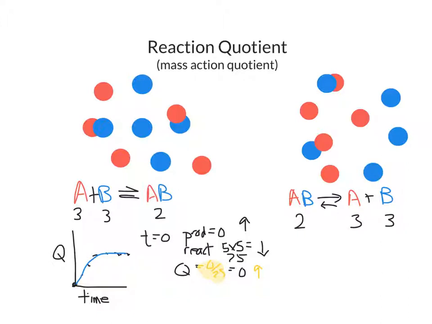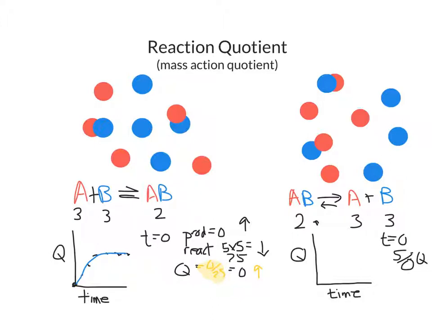If we look at the second example of Q versus time, we can see that we started with all products. We had 5 products at time t equals 0, and we have 0 reactants. And so this reaction quotient is undefined or approaches infinity at time t equals 0.